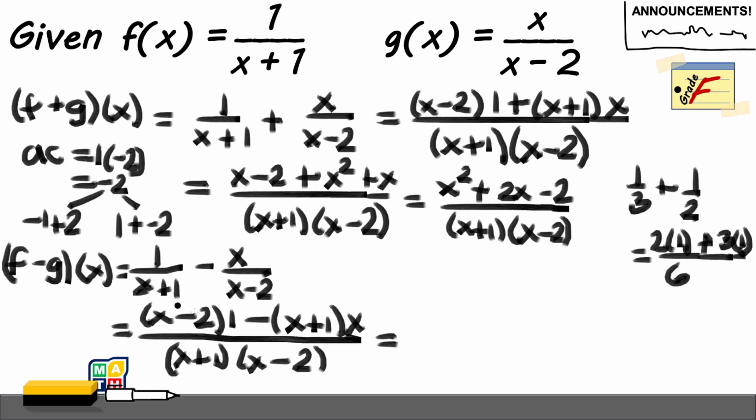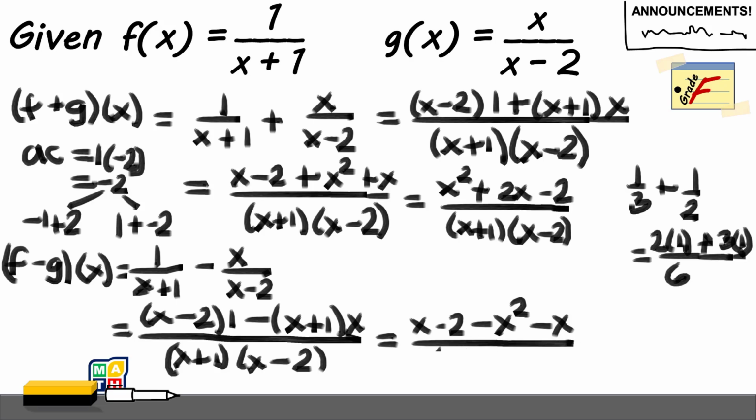Next is to multiply the numerators. We will still have x minus 2. And take note, we have a subtraction symbol or a minus sign. So when you have x times x, that's x squared, you will have negative x squared. Next, x times 1 is x, then times negative, you have minus x.